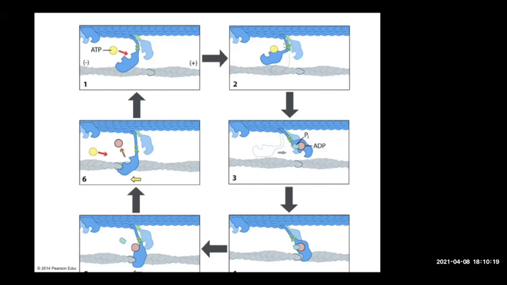Then the ATPase activity on the myosin head hydrolyzed the ATP, taking the energy stored in that triphosphate bond and making it into adenosine diphosphate. It stored that energy as potential energy in the cocked orientation of the myosin head. Then when calcium comes, the myosin head can bind to the actin.